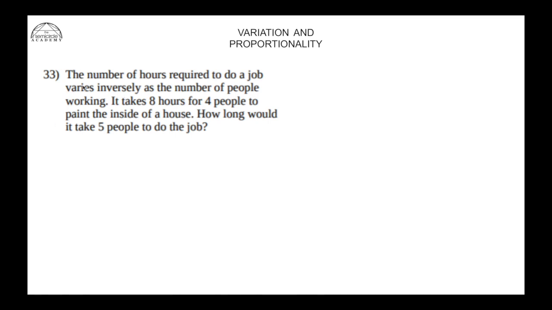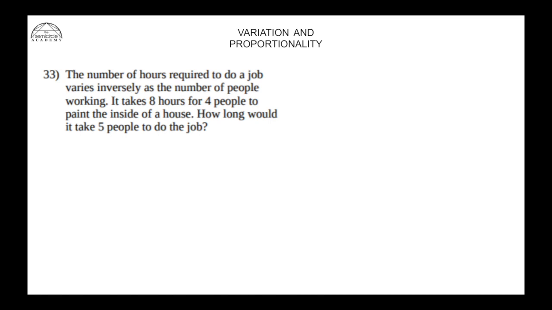So first we could see that the number of hours required to do a job varies inversely. So immediately I'm starting to think of hours as being the variable h.